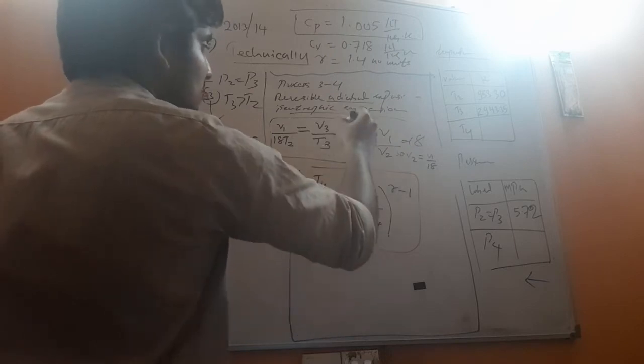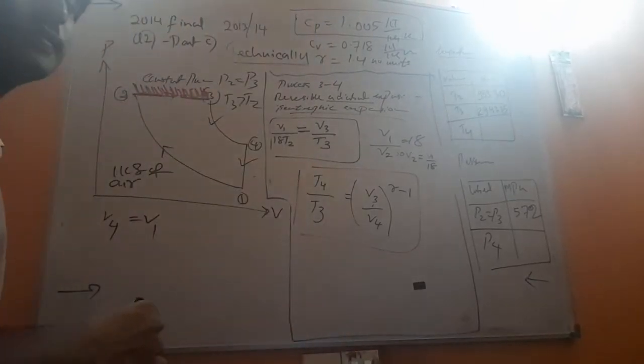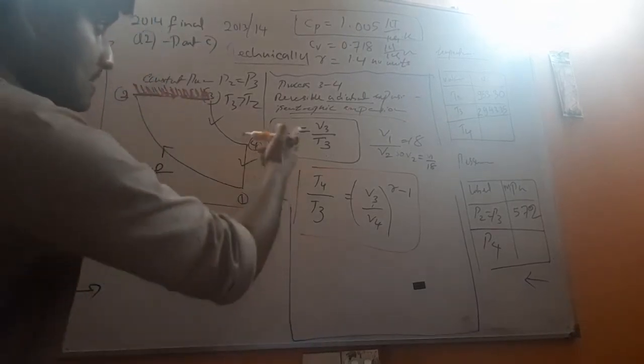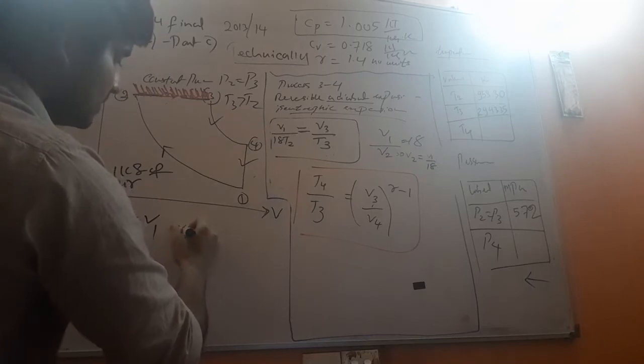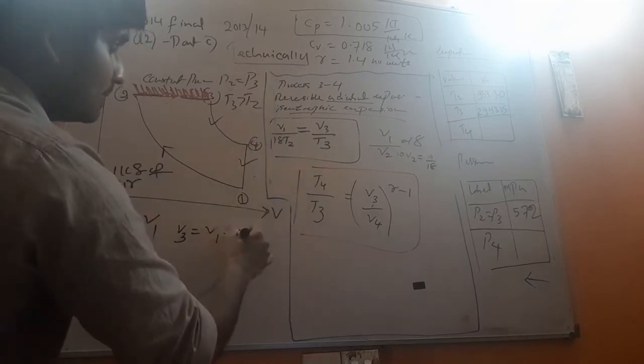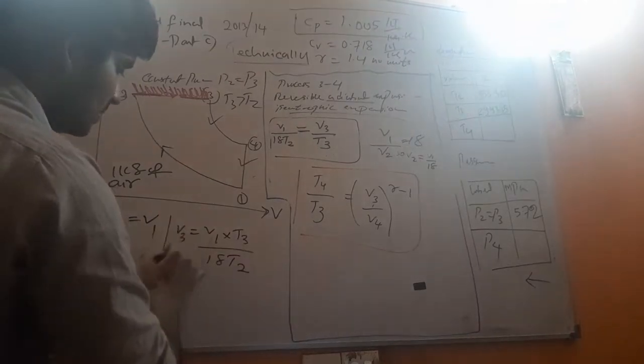You can write V3 in terms of the relationship that you are getting from here, okay? So that means V3 equals V1 multiplied by T3 divided by 18 T2, right?